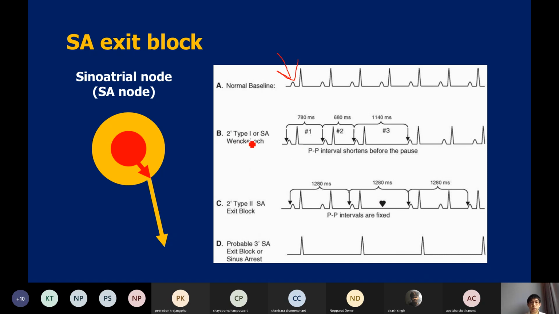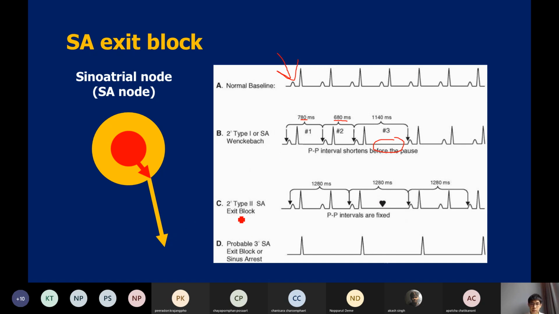this is the first type, the type 1 SA exit block. There is some progressive shortening of the PP interval here. The PP is 780 milliseconds and then 680 milliseconds, and then there's some drop of the P wave. So this is the type 1 second degree SA exit block.